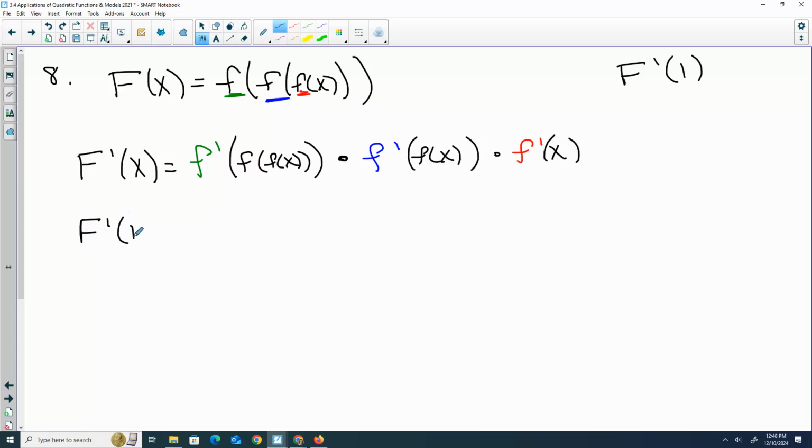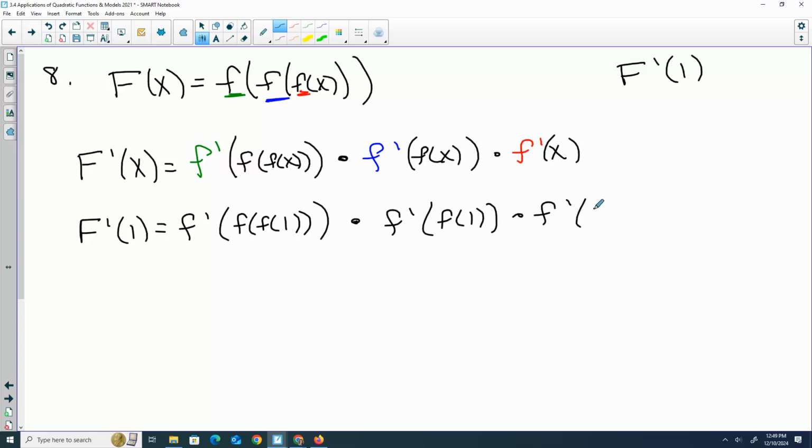So now I want f prime of 1. So I'm changing my x's to a 1. If I start on the inside, what is f of 1? You look in your directions, it tells us f of 1 is 2. So this is asking for f prime of f of 2. What is f of 2?